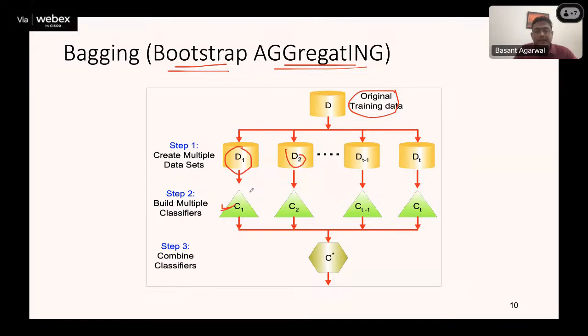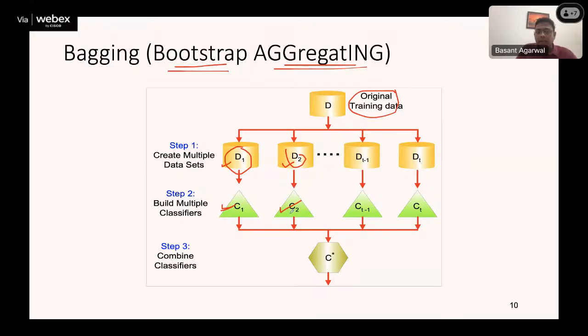In that case, in all the classifiers, even if we take subsamples or a smaller number of samples, when we have all the features, it is likely that the feature which is important for D1 will also be important for D2. For example, age is an attribute available in D1 and also in D2.